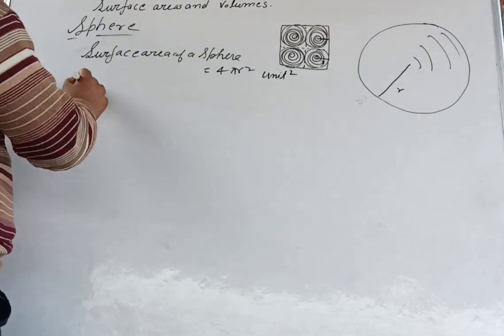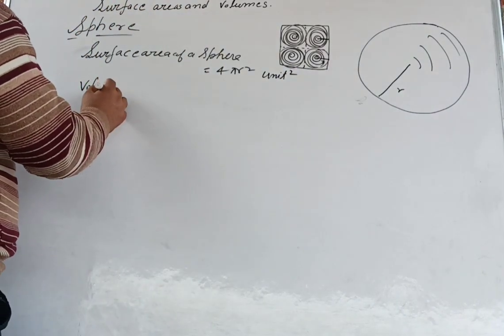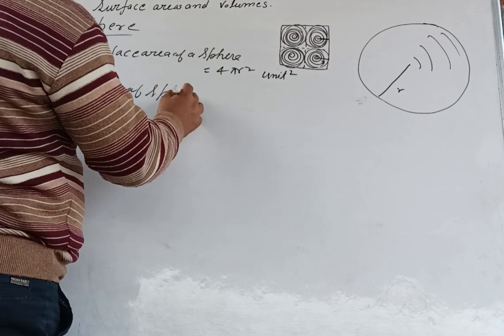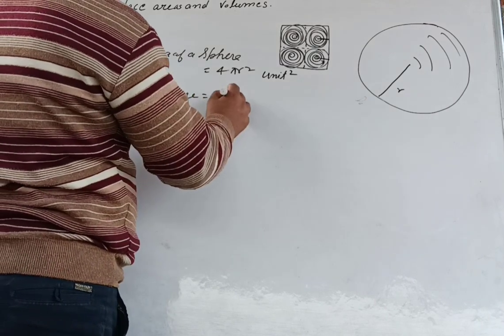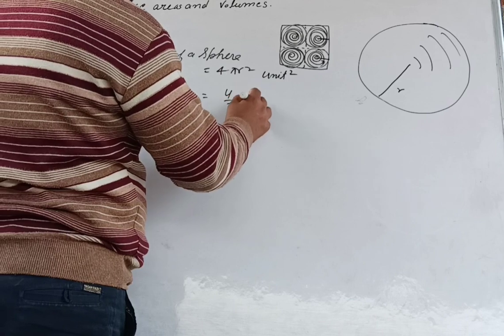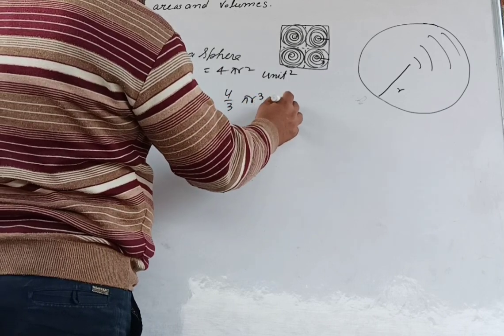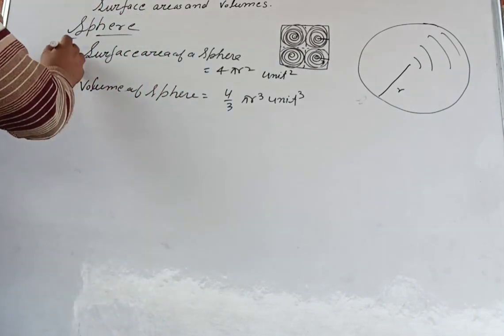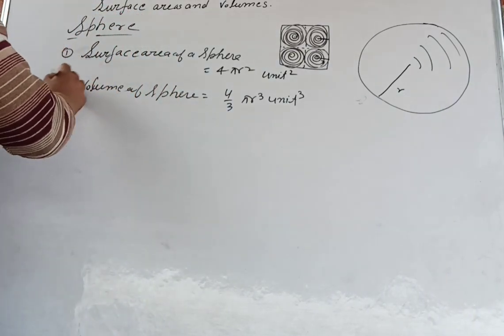And volume of sphere is equal to 4 by 3 pi r cube unit cube. This is the first formula and this is the second formula.